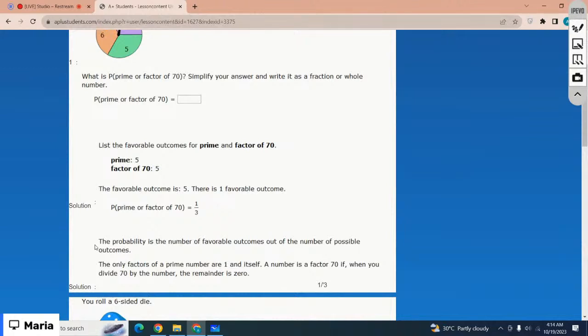A number is a factor of 70 if, when you divide 70 by the number, the remainder is 0. Okay, let's just start with the practice questions.